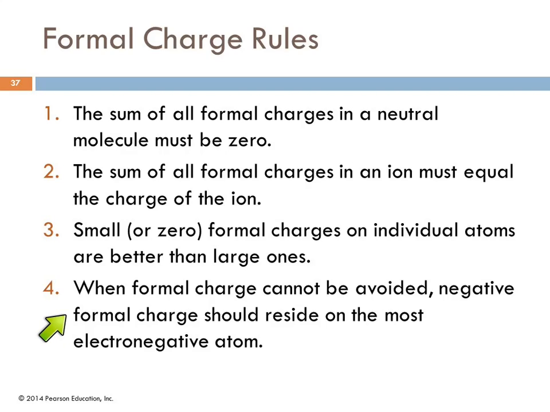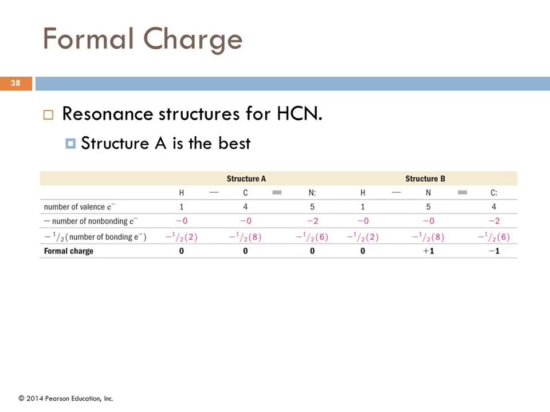If you have negative formal charges, you want to put them on the electronegative atom, because a negative formal charge means that atom is getting more than its share of electrons, and the electronegative atom is the one that's going to do that because it's more attractive to the electrons.